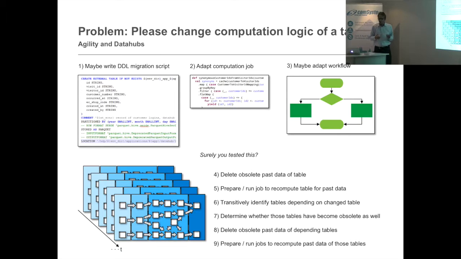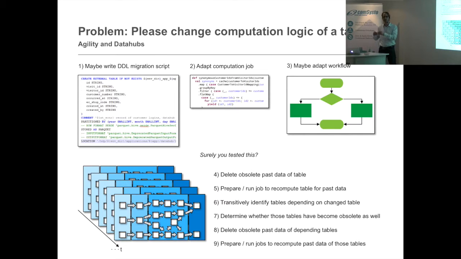And even worse it becomes when somebody said, all right, I have some change in the logic which fills a certain table. Then you have to maybe write some kind of DDL migration script. You have to adapt the job with the new logic. You have to maybe adapt the workflow, and you have to run the whole thing for your past data. On top of that, you have to check if there are other tables which depend on this table.